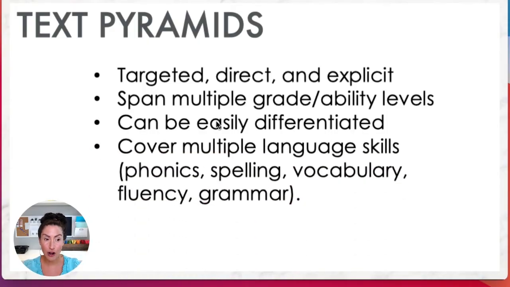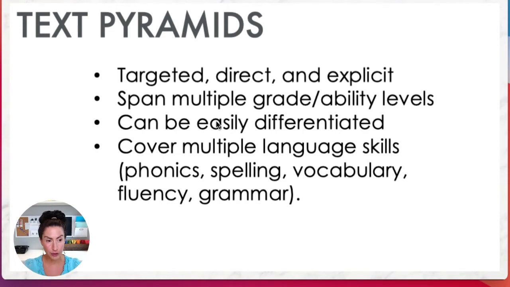Another thing is that they are super versatile. You can use them for phonics if you're teaching emergent readers. Spelling, they help students learn orthographic features in words and text, and morphology. Vocabulary, they help with fluency, and you'll see that you can also tie them into grammar, which is kind of nice too.